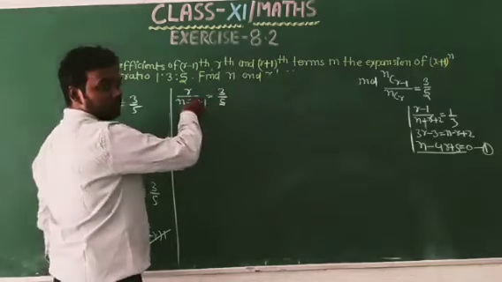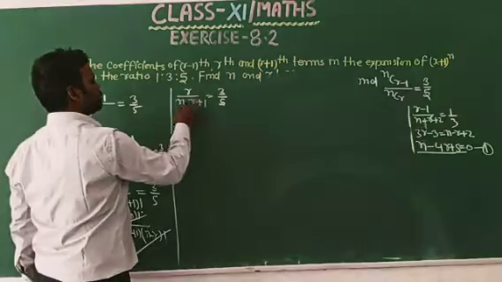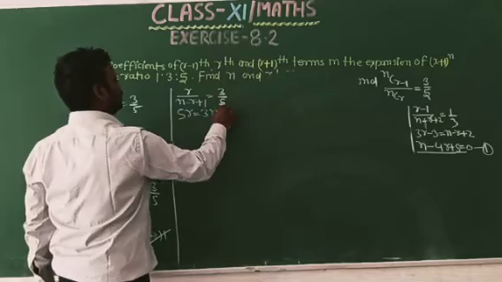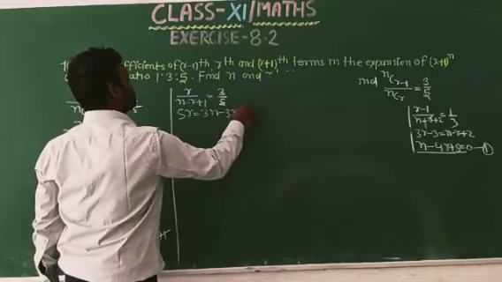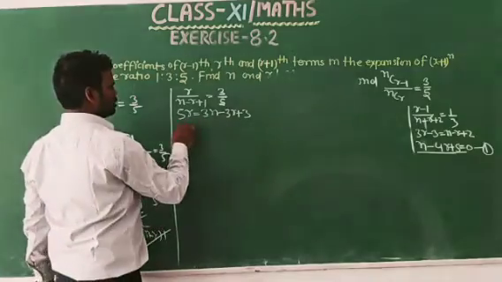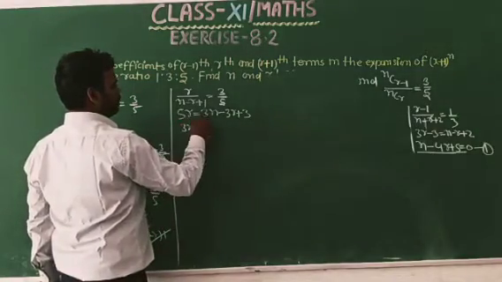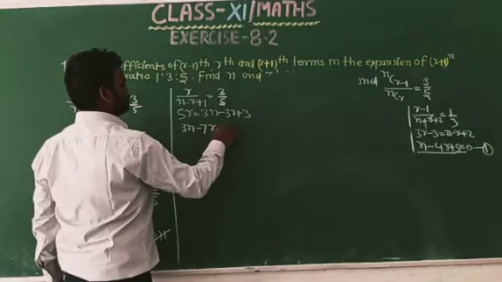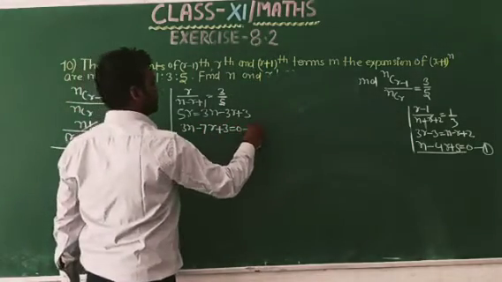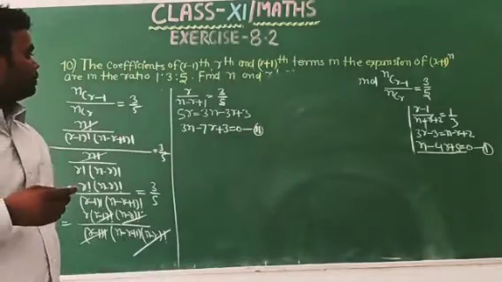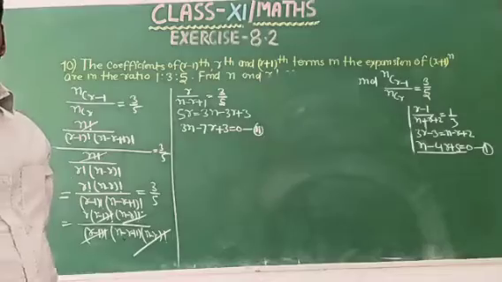Now cross multiply, so this becomes 5r equal to 3n minus 3r plus 3. So this is 3n minus 8r plus 3 equal to 0. Say equation number 2. Okay, equation number 1 and 2.